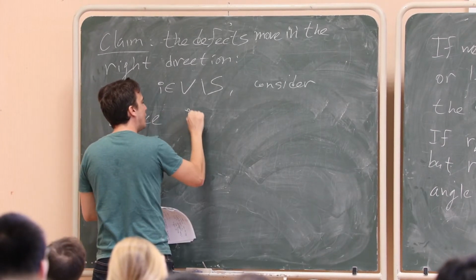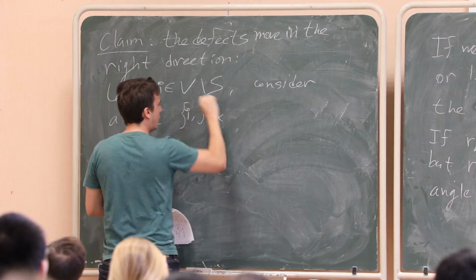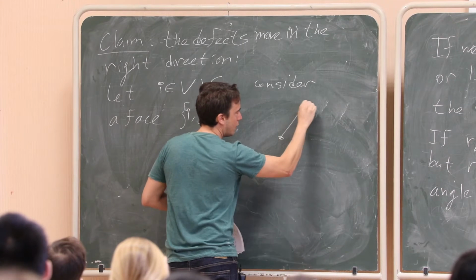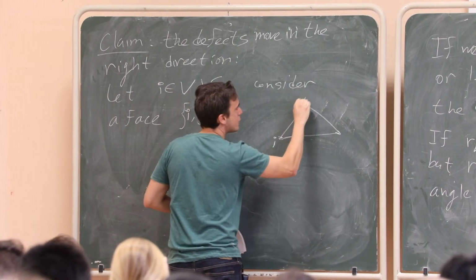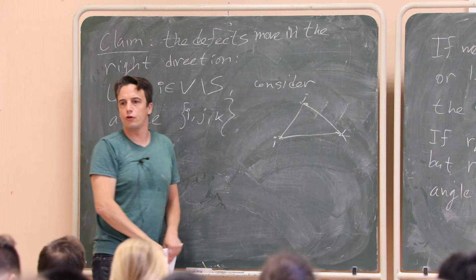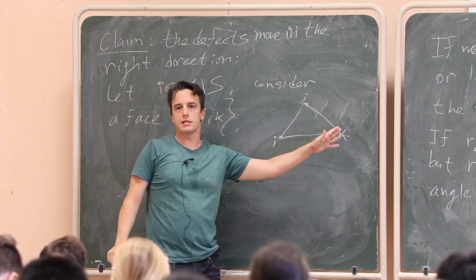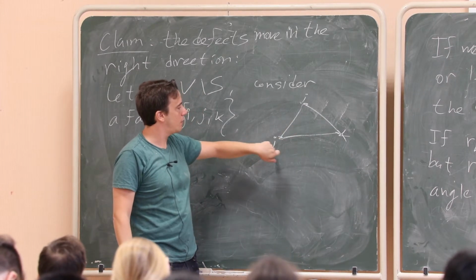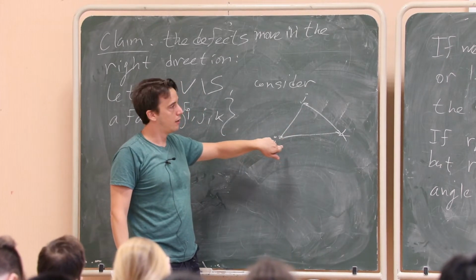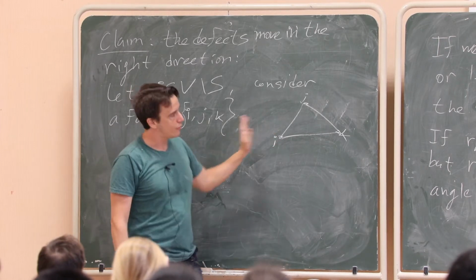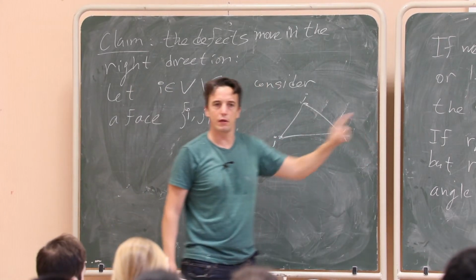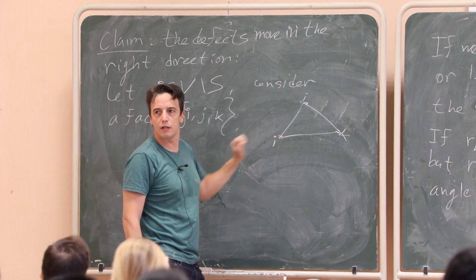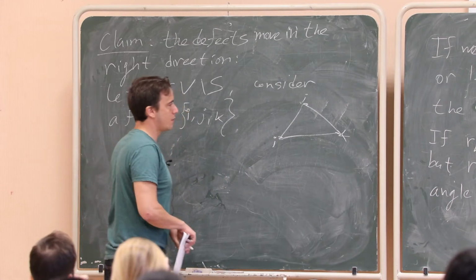So let's call it I, J, K, right? So I belongs to some face I, J, K, and I don't know for sure if J or K were in S or in V minus S, right? And I want to show that not only the sum of angles at I increases, because the defect at I needs to move to the right, but also that each particular angle of each face that it belongs to also increases. It makes sense, right?